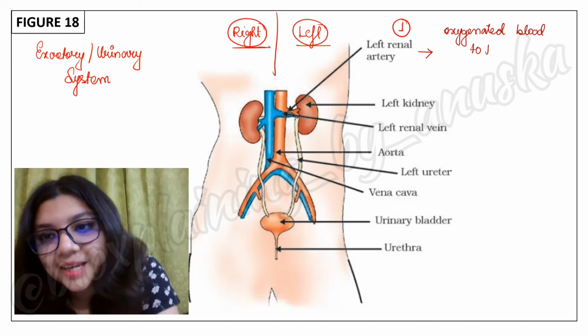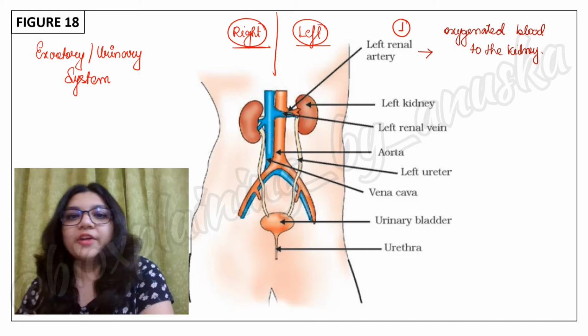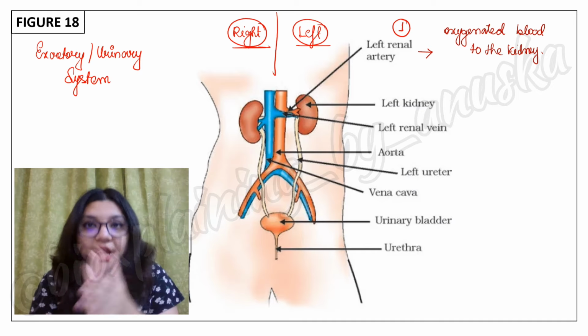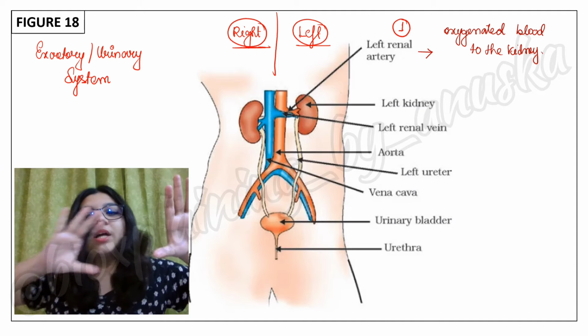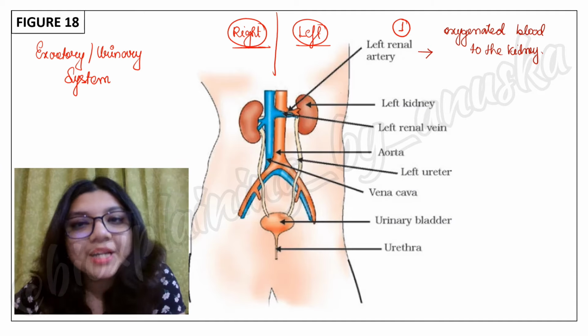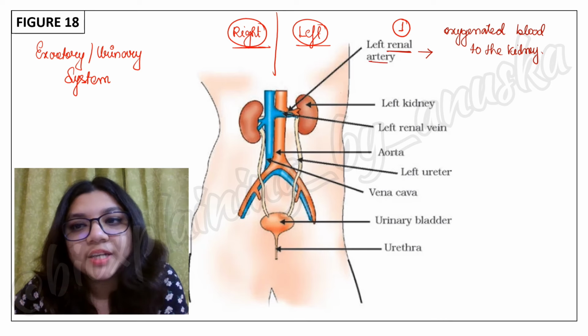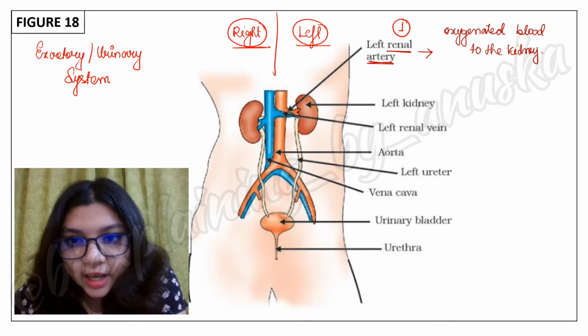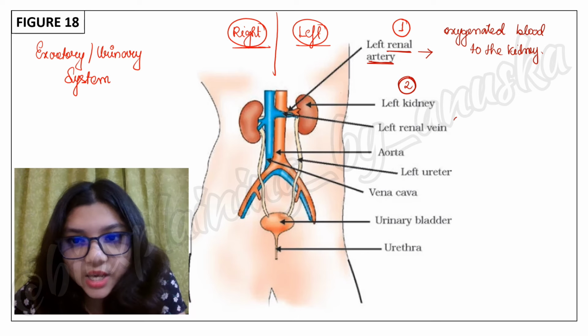to the kidney. Okay, so just in the previous diagram we have seen that your aorta was taking oxygenated blood from the heart to all other parts. So aorta basically branches off into different parts, out of which one is the renal artery. Then number 2, this is the left kidney, the bean-shaped structure as you can see. Number 3 is the left renal vein.